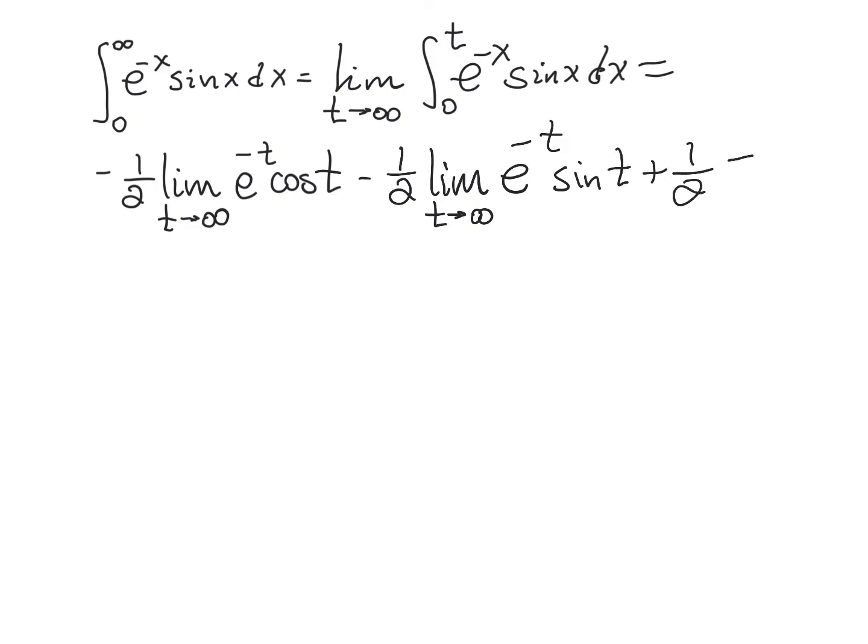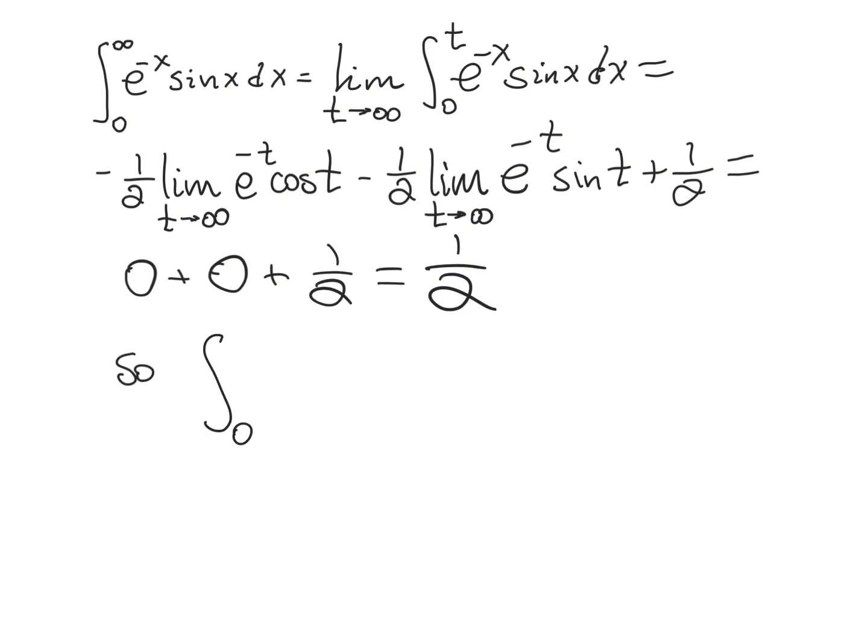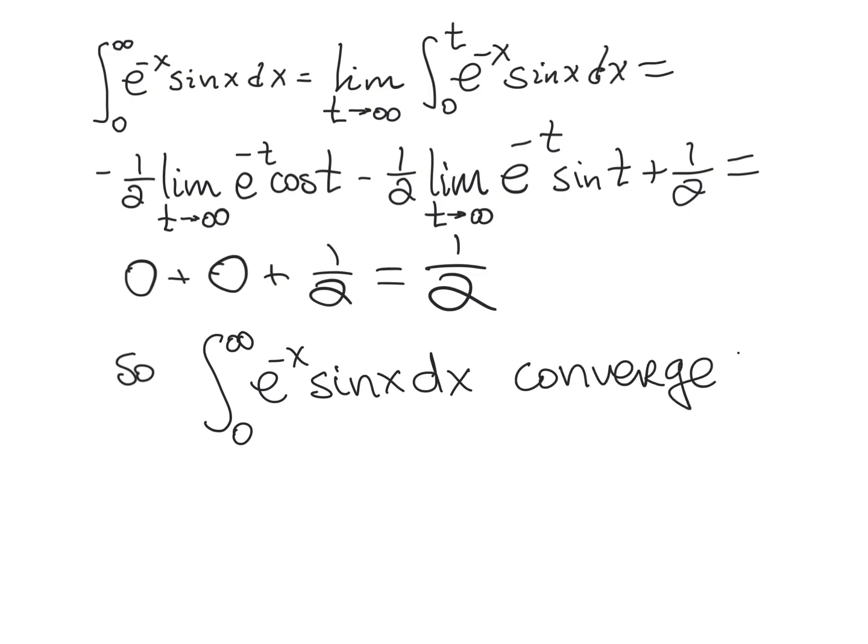The two limits are 0. We just saw that. So we have 0 plus 0 plus 1/2, which is equal to 1/2. And so the improper integral from 0 to infinity of e to the negative x times sine x dx converges to 1/2.